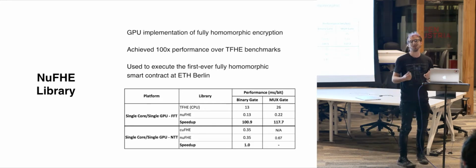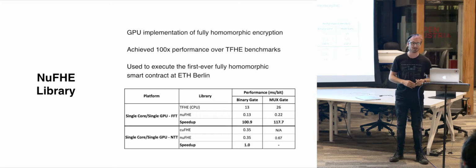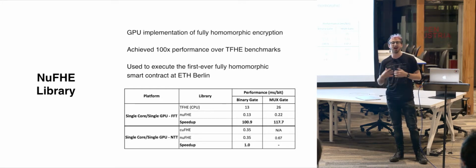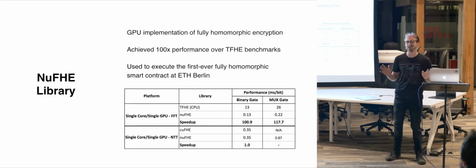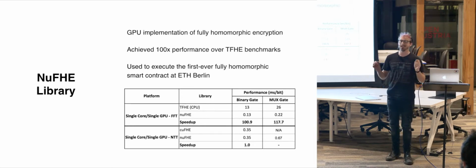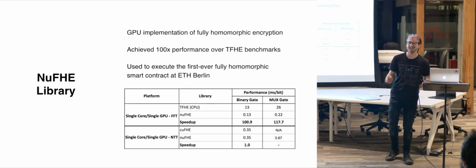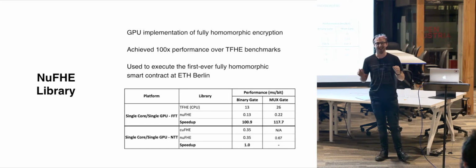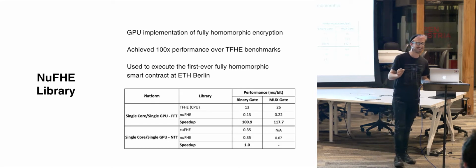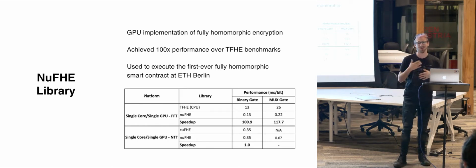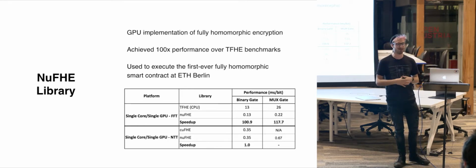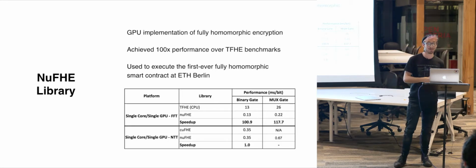It's a GPU implementation of fully homomorphic encryption, TFHE, and I could be wrong, but I'm fairly certain, having done a lot of digging on this, that we have the fastest FHE library ever right now, only because we do it on the GPU, and also because we do some really cool fast Fourier transform and number theoretic transform work to make it really fast.